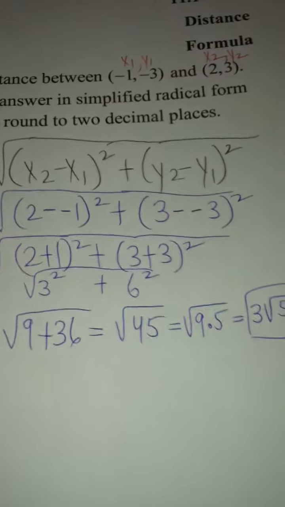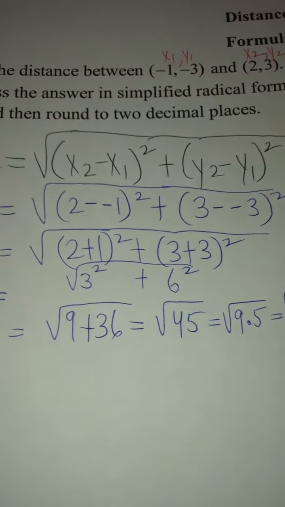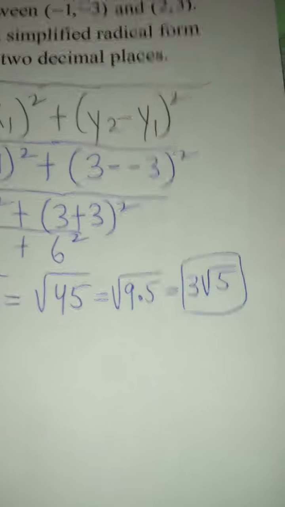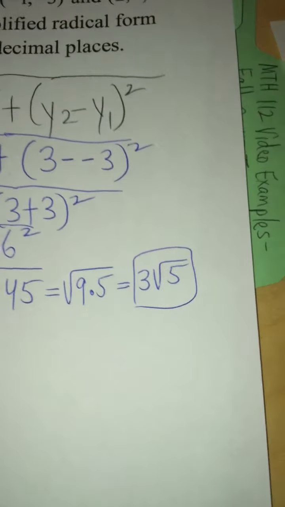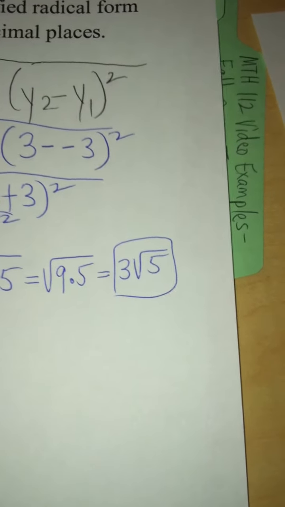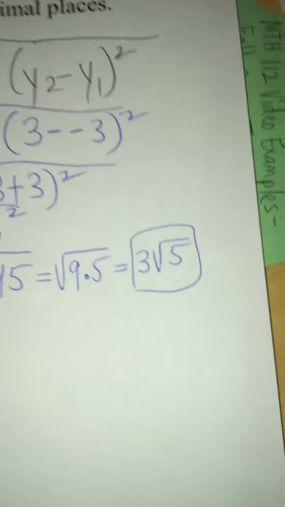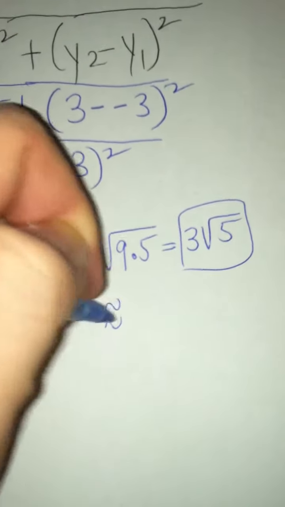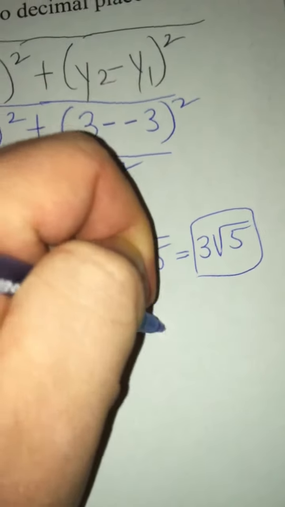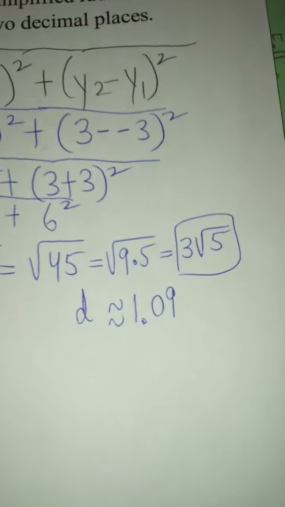So that's going to be your simplified radical answer. To find the decimal answer, you just plug this into your calculator. And when we plug in 3 square root of 5 into our calculator, we get approximately 6.71 for the decimal distance.